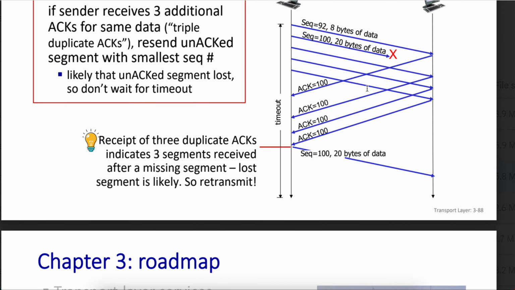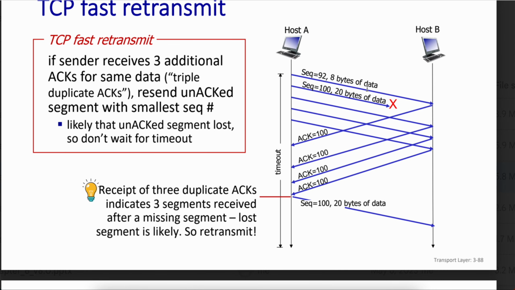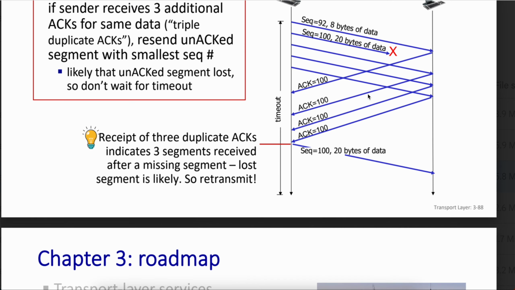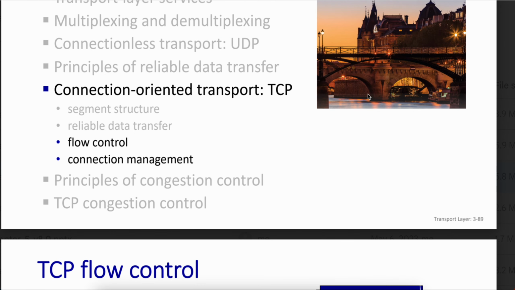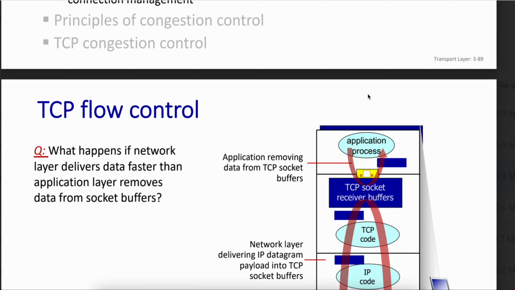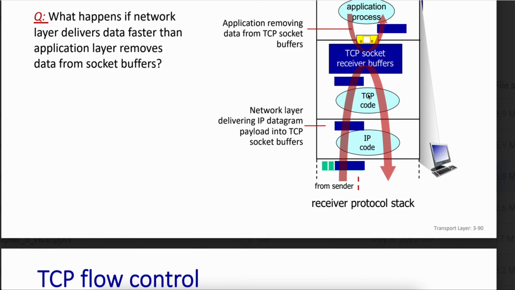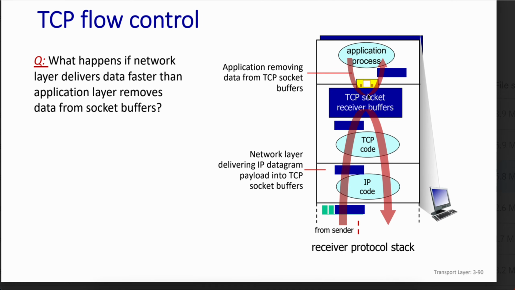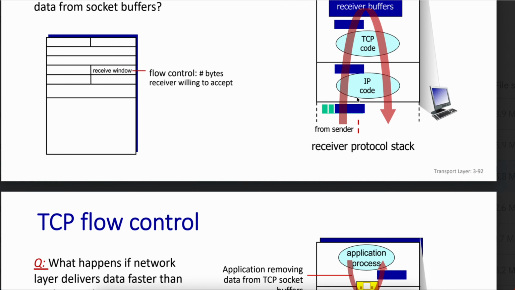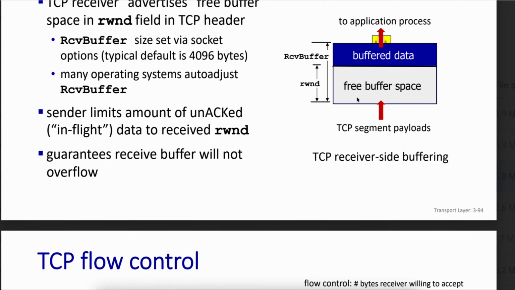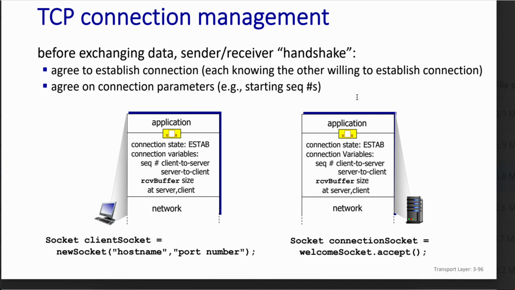Fast retransmit: you need to understand the whole logic in this process, and after you know that, you will write it down easily. Connection, TCP control, flow control. Flow control is important. You need to understand why, and what happens if something goes wrong in delivery. Flow control, you need to understand very carefully.